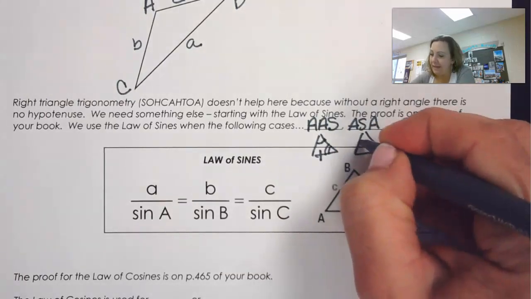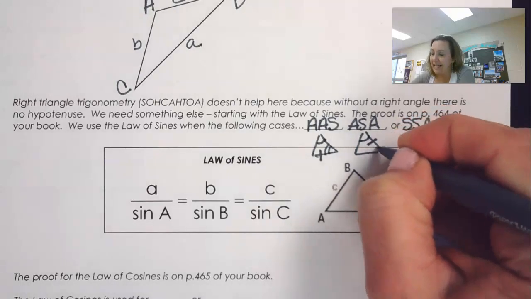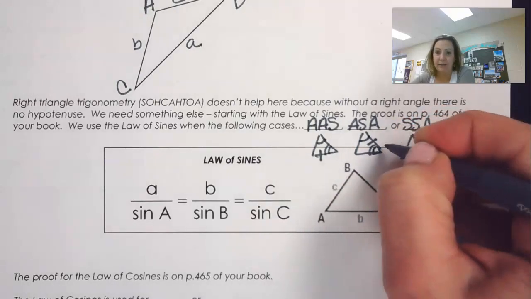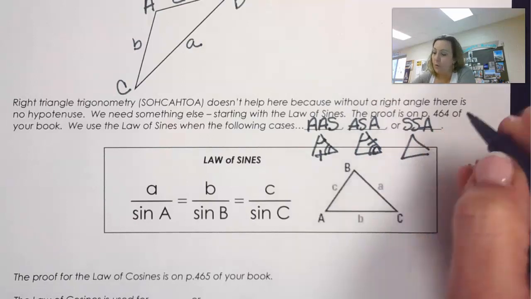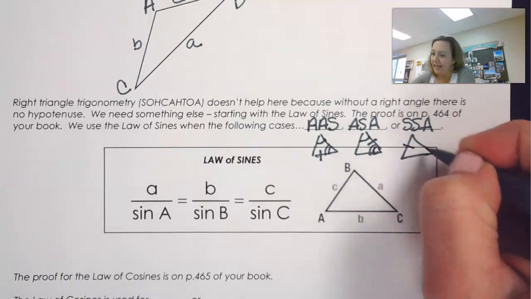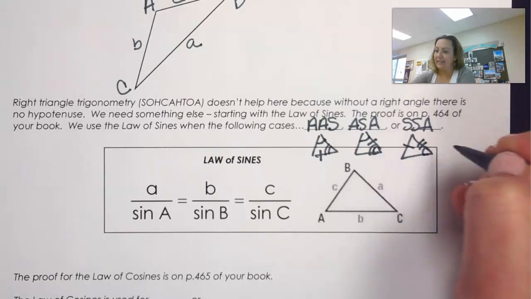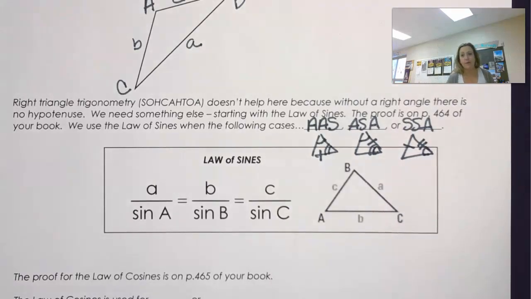If I have an angle, a side that is between 2 angles and another angle, or if I have a side and another angle. At that point, then I'm able to use the law of sines.